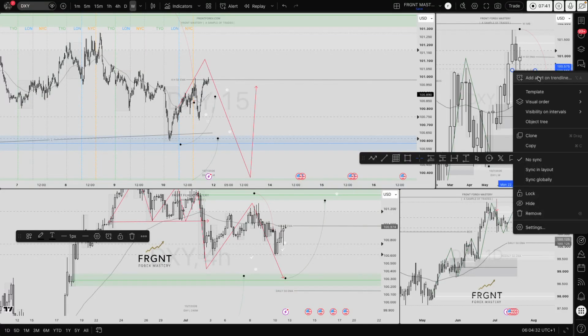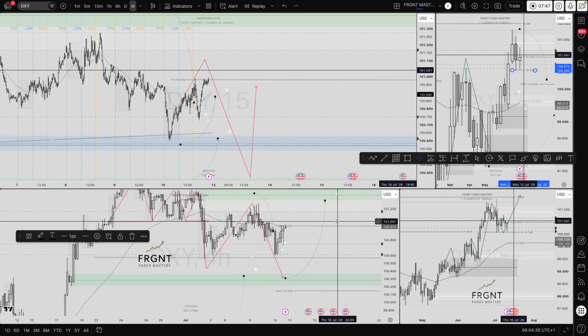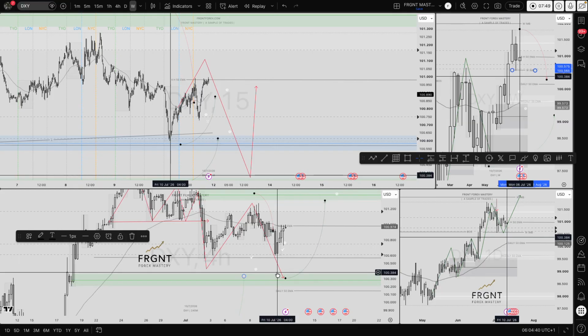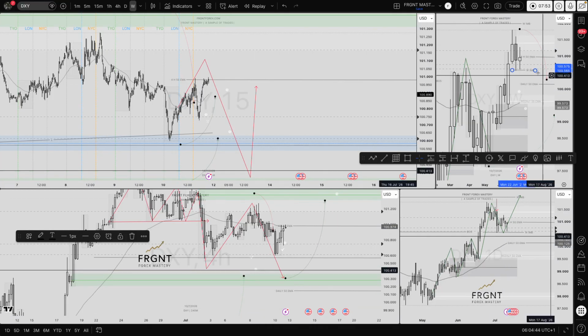In this instance, buyers stepped into the market from this particular position on the chart, and price was failing to break below. So when price was looking to gravitate back down towards that area, of course I'm looking for rejection.